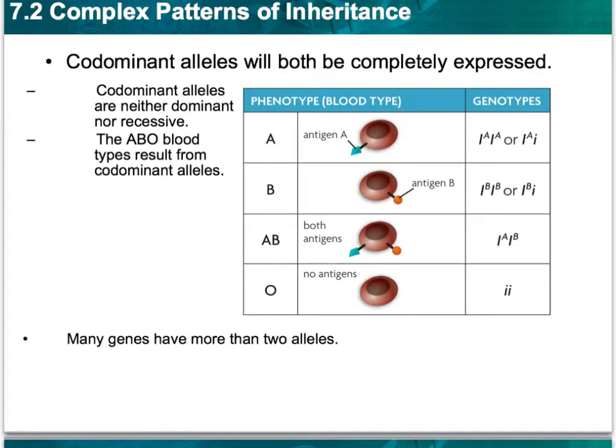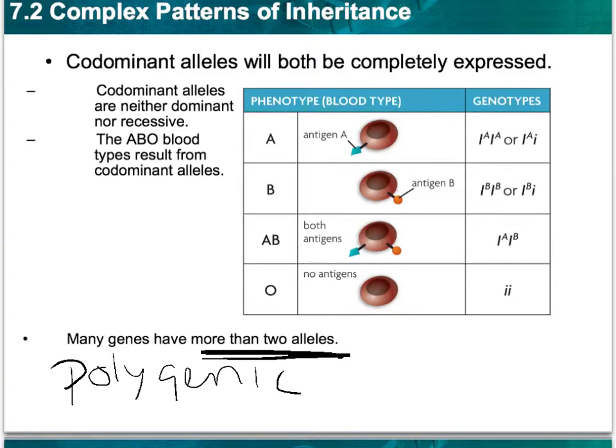So many genes have more than 2 alleles. And so traits produced by 2 or more genes are polygenic traits. Poly meaning many, and genic means genes. For example, here you see eye color.